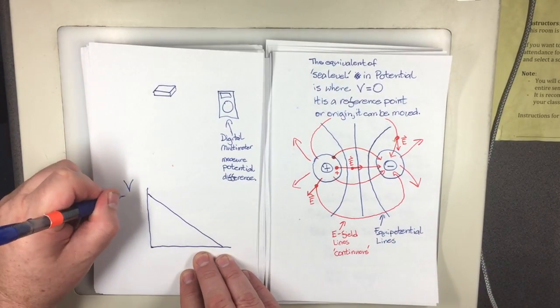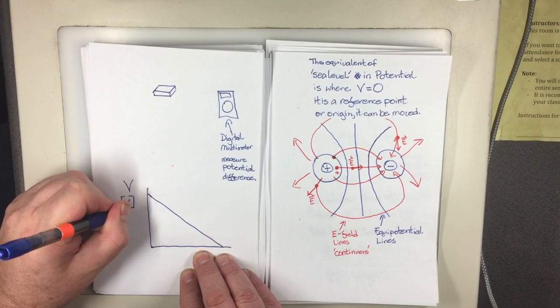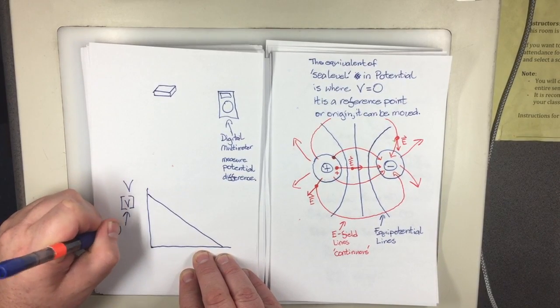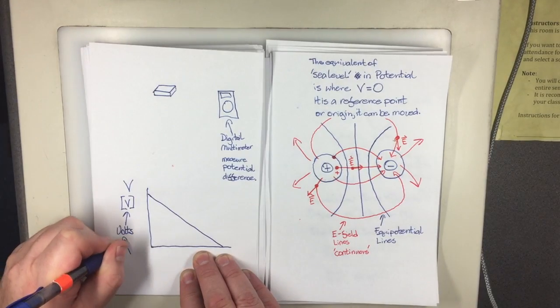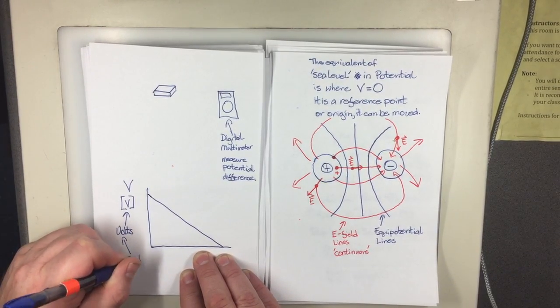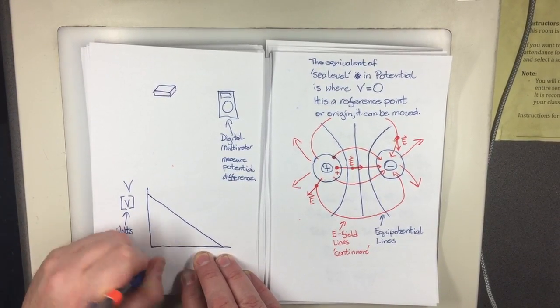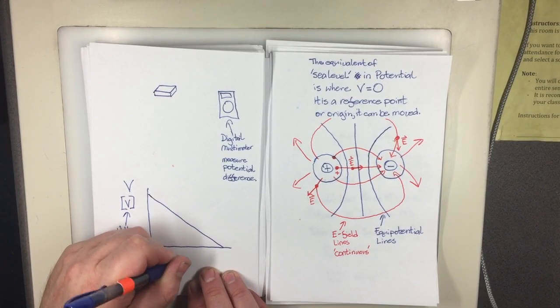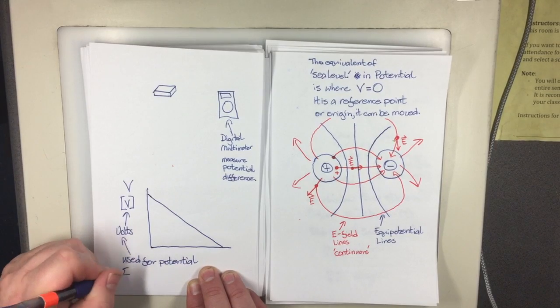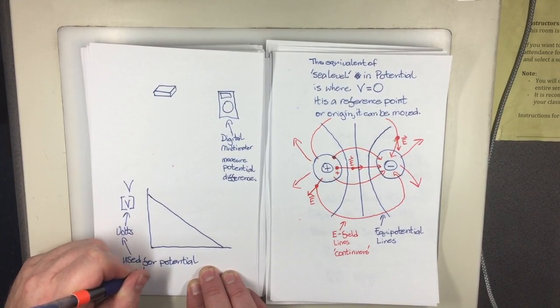This V, its unit is V itself, and that means volts. And volts is used for potential and potential difference.